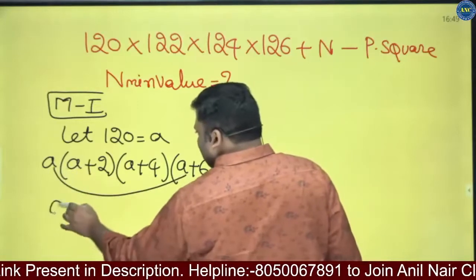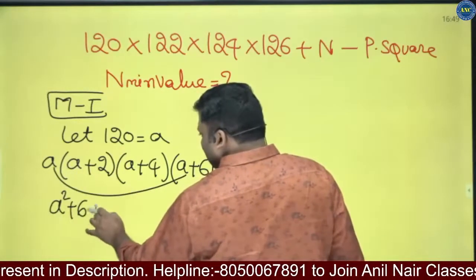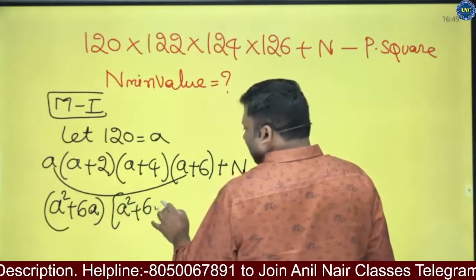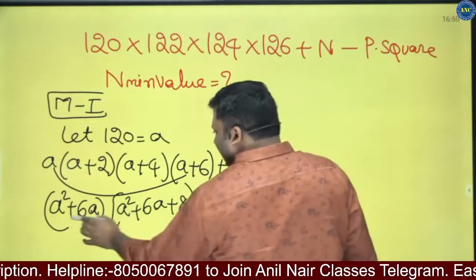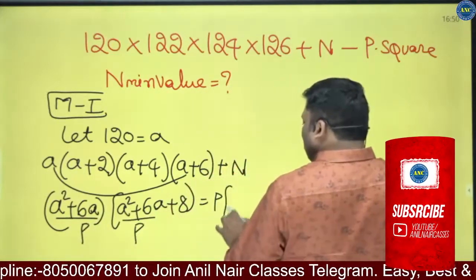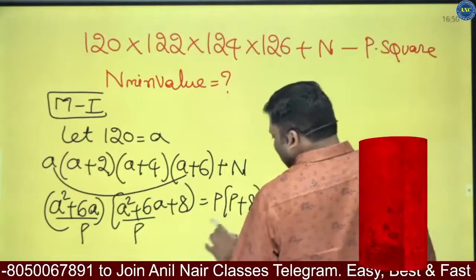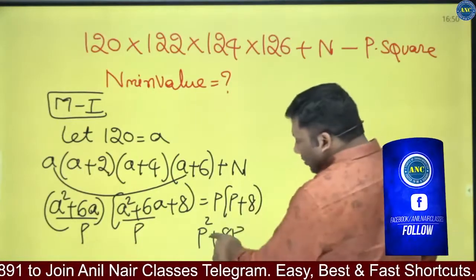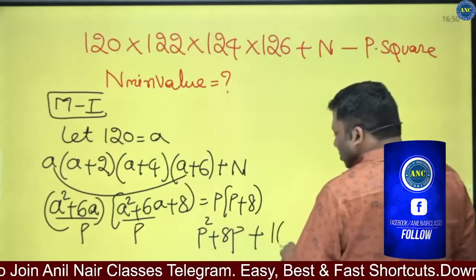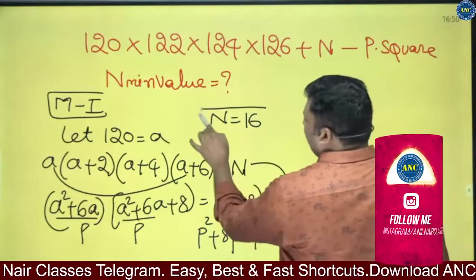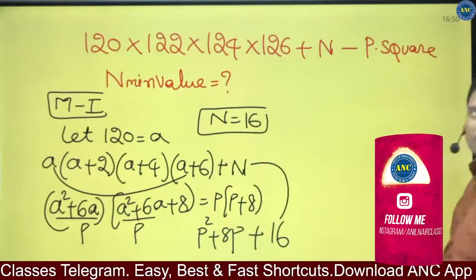A into A plus 6 is A square plus 6A. A square plus 6A plus 8. If I take this as P, then P into P plus 8 is P square plus 8P. So n value has to be 16.